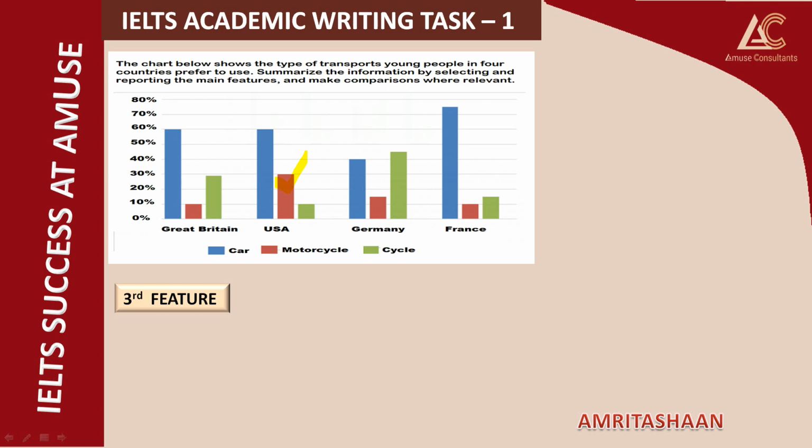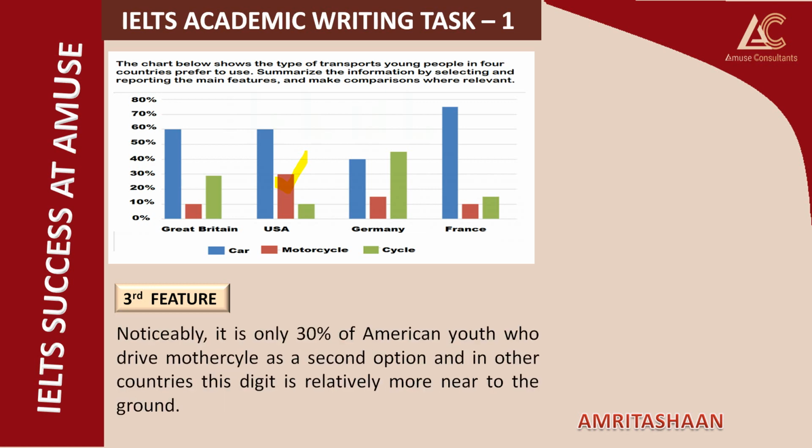Or you can write in this way: noticeably, it is only 30% of American youth who drive motorcycle as a second option, and in other countries, this digit is relatively nearer to the ground. You are covering so many features in a small, beautiful sentence, and you need to understand the use of phrases here.